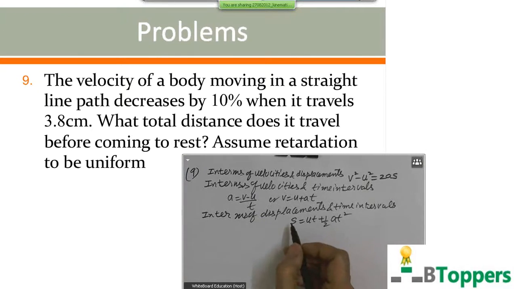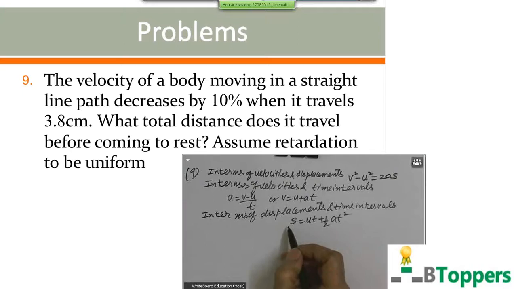For example, a body moving in a straight line path with uniform acceleration covers 200 centimeter in the first 2 seconds and 220 centimeters in the next 4 seconds. Find its acceleration.